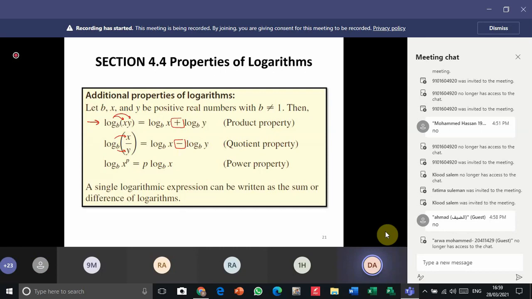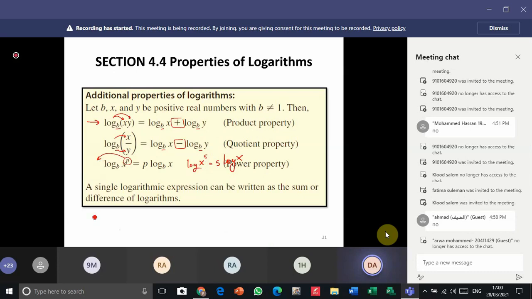So log of the numerator minus log of the denominator, log x minus log y, each logarithm with the same base b. Now, if we have an exponent, for example x to the power p, we can put the p outside the logarithm. This was already studied. For example, log of x to the power 5 is equal to 5 log x, putting the 5 outside the logarithm.